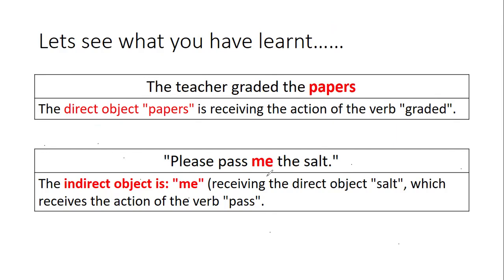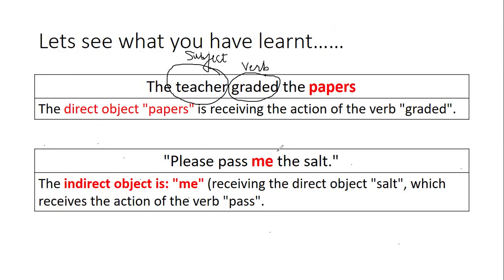The teacher graded the papers. What is the whole statement revolving around? It's revolving around the teacher. So the teacher is the subject. What action is she performing? What is the verb? Graded. Graded is the verb.